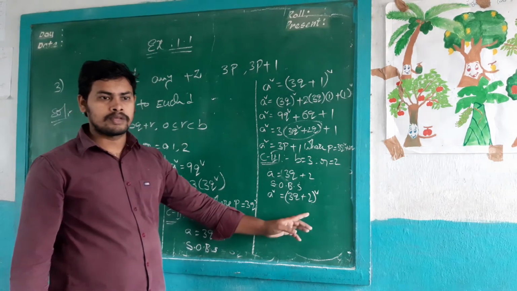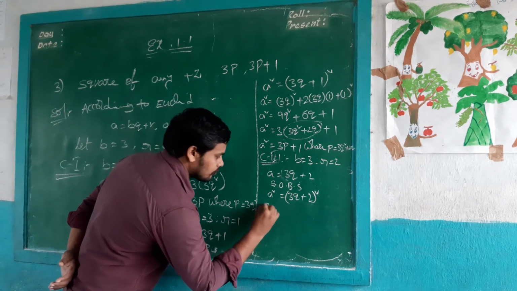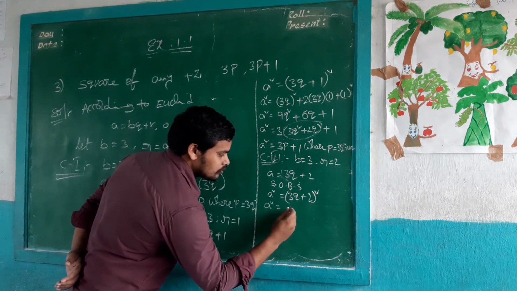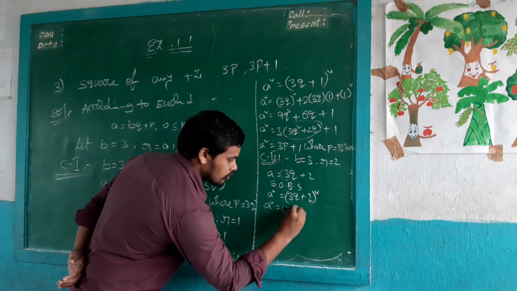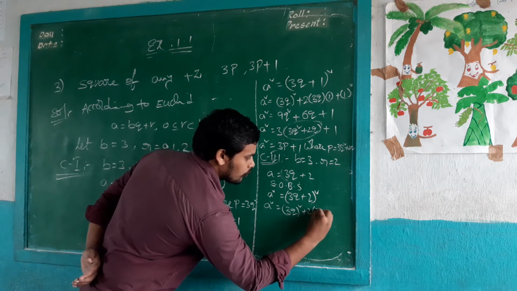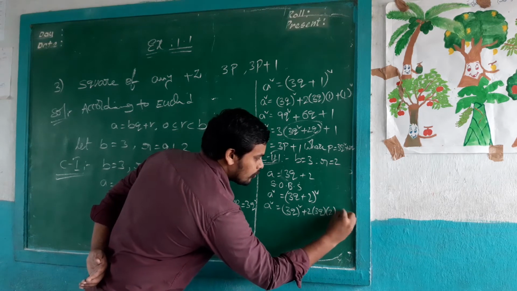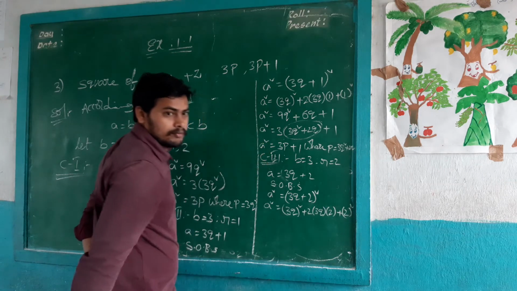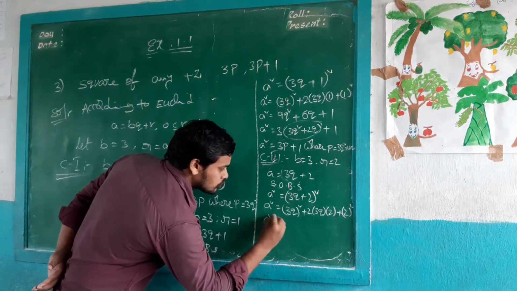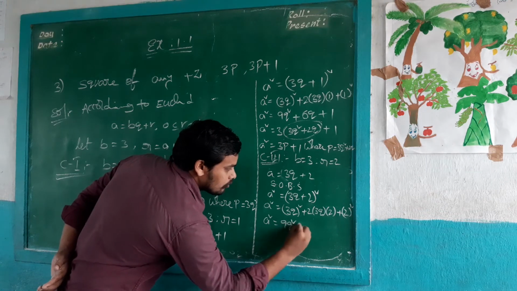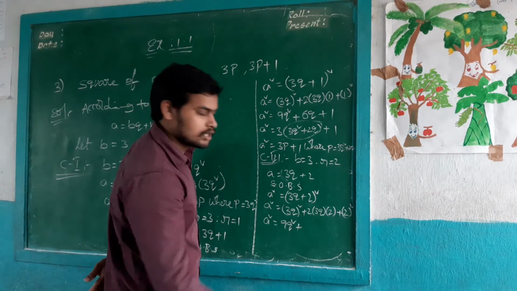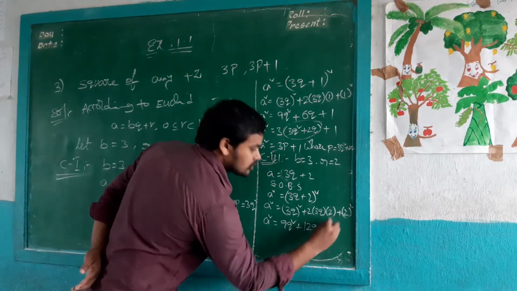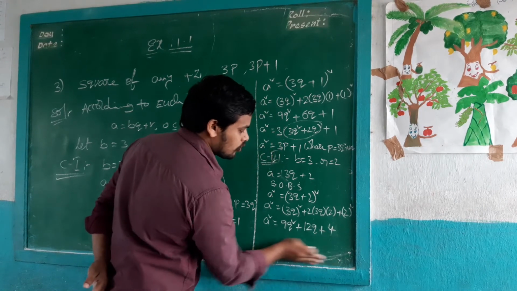Again using a square plus 2ab plus b square, a square equals 9q square plus 2 times 3 is 6, 6 times 2 is 12q, plus 2 square value 4.